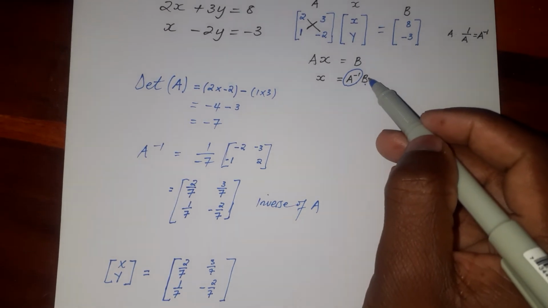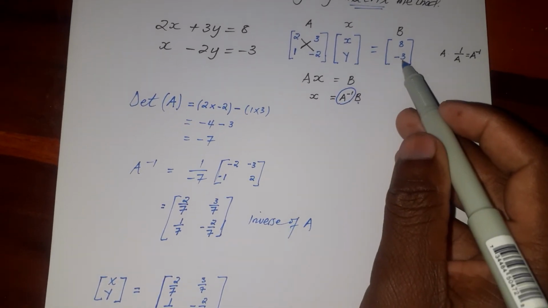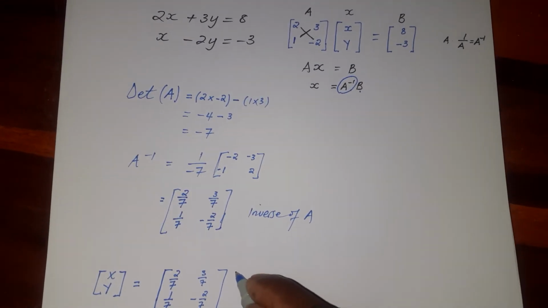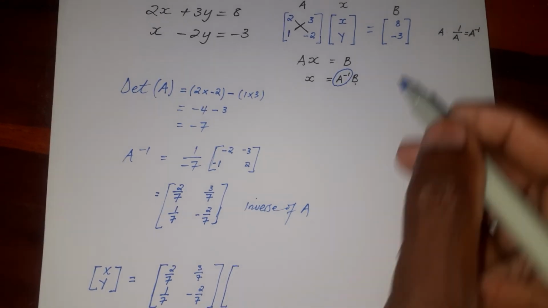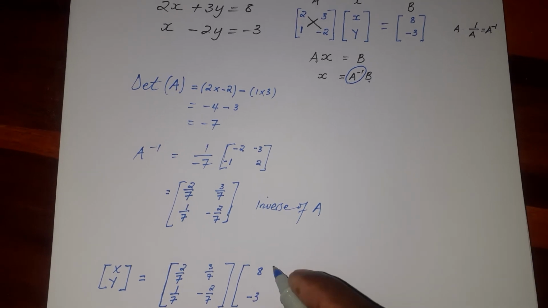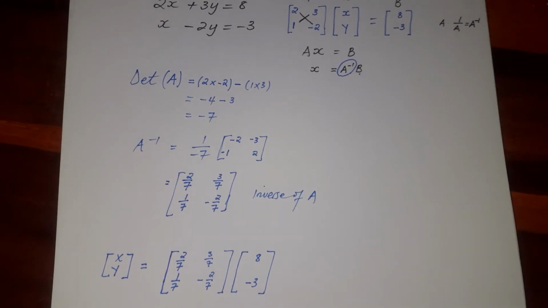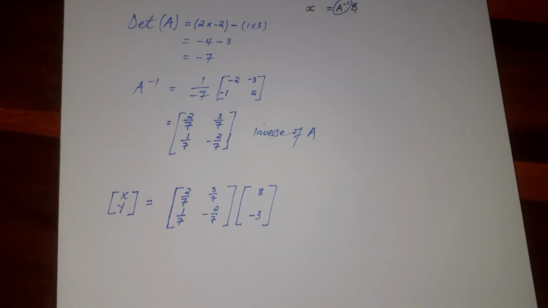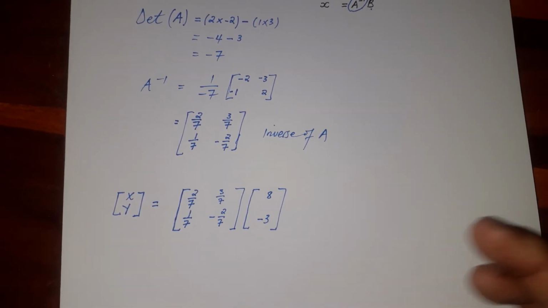While the matrix of B is this matrix here. We multiply that. We write first 8 and then minus 3. Good. Now we need to multiply these two matrices.